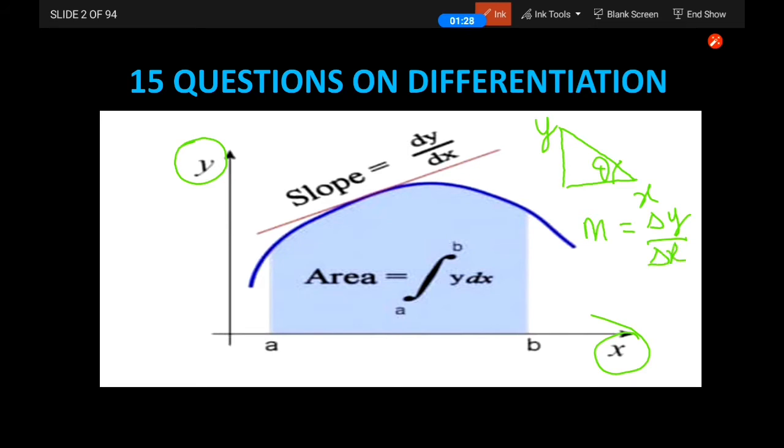And if you use your SOHCAHTOA very well, your trig ratio, opposite over adjacent will give us tan. So a gradient or slope is also the tangent of the angle to the horizontal. But integration is the area under the curve. We're going to be looking at integration later in this course.